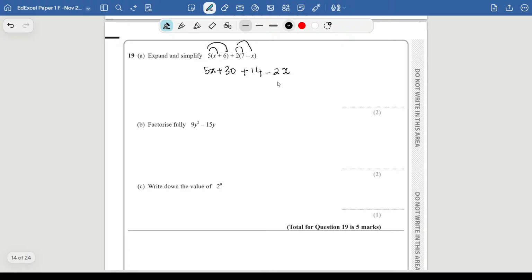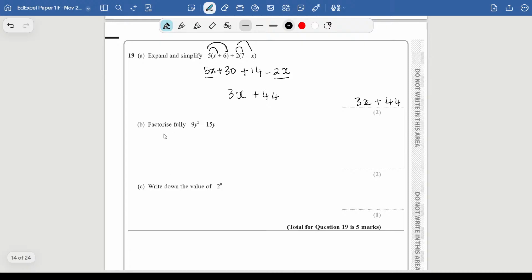So we get these terms when we expand the brackets, and then we collect the like terms. So we have 5x take away 2x to have 3x, and 30 plus 14 is 44, right? So the answer is 3x plus 44.